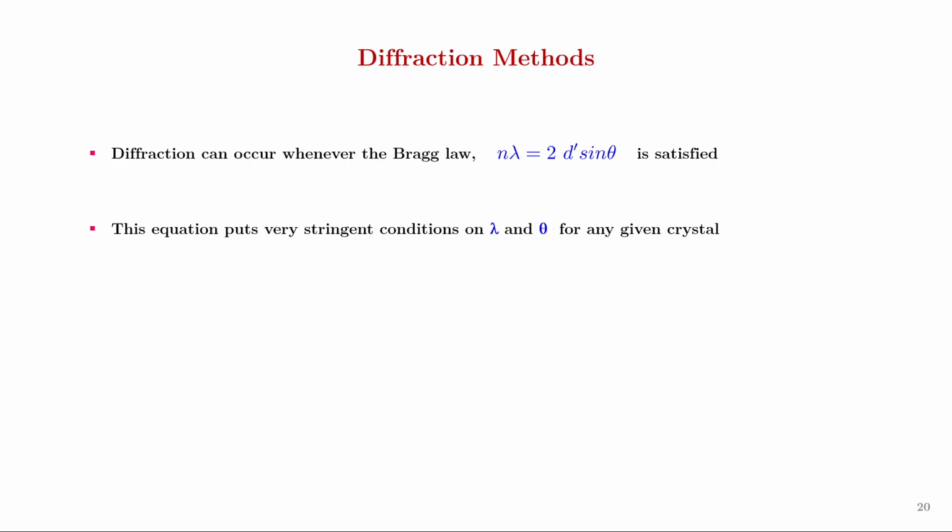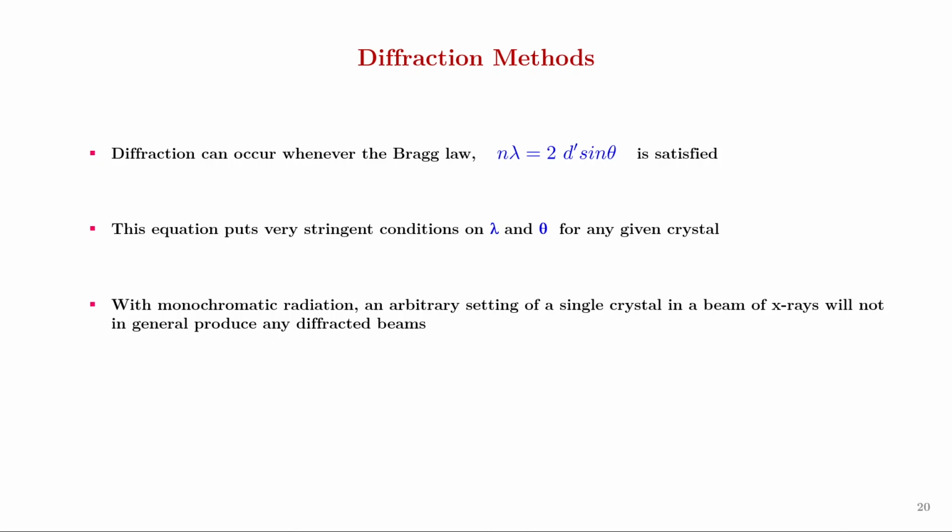The diffraction methods. Diffraction can occur whenever the Bragg law, n lambda equal to 2d sine theta, is satisfied. This equation puts very stringent conditions on lambda and theta for any given crystal.